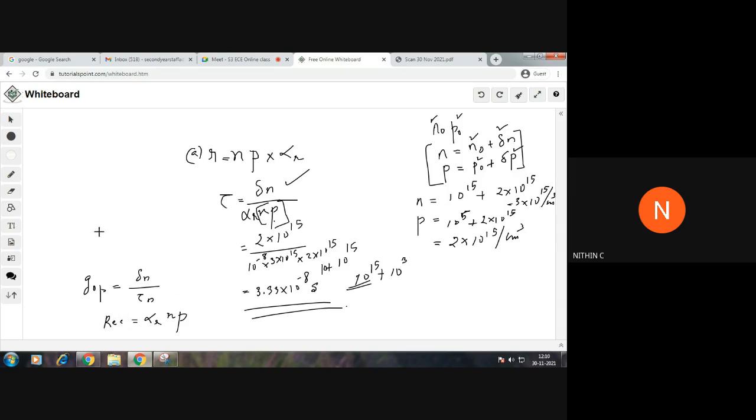Then one more expression: tau n is equal to 1 by alpha r into (n0 plus p0). These are the three expressions that we have used and will be using in all the questions. Any question related to excess carriers can be answered with these three expressions. You write these expressions in the equation book also.